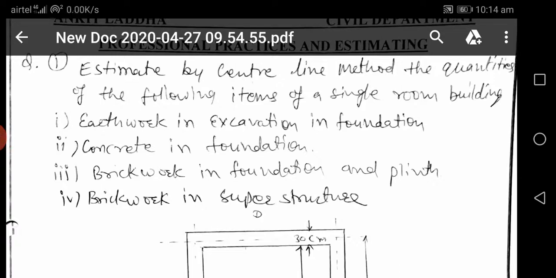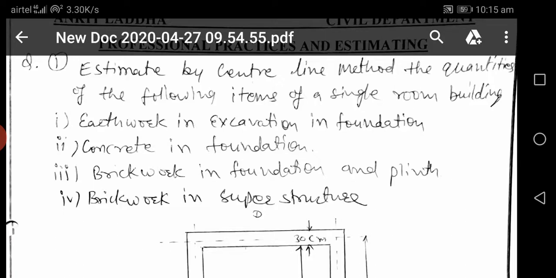Today we discuss a numerical of one room building. Basically in this question we prepare an estimate of a one room building, and this question is related to the subject quantity surveying and valuation, or estimating and costing. We all know that estimate of building is done by two methods. One is centerline method, another is separate wall method.